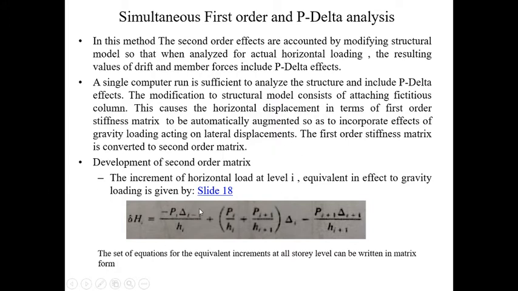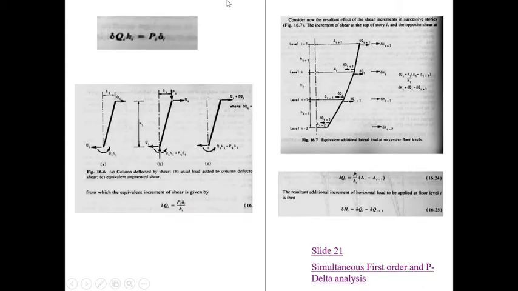Now we will see how the matrix is developed. Development of the second order matrix. The increment of the horizontal load at a particular level i, story i, is equivalent in effect to gravity loading, as given by. In the previous iterative P delta analysis, we had seen delta H, that is the increment in the horizontal load.